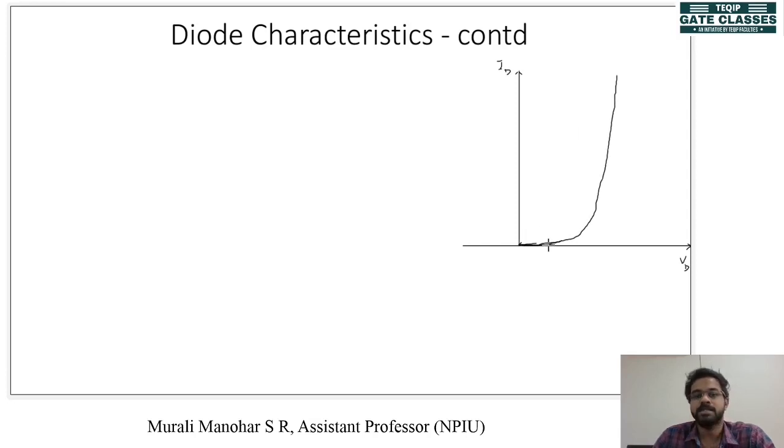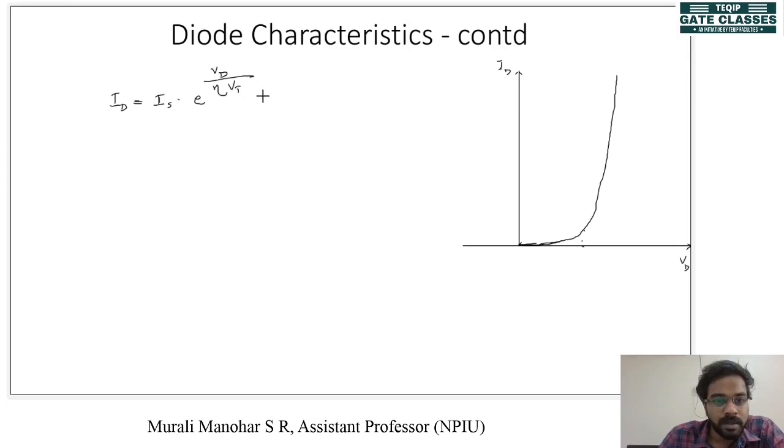So the diode characteristics looks like this, and this characteristics can be represented by a mathematical equation: the diode current ID is equal to some saturation current Is into e to the power Vd divided by eta Vt, minus 1. This equation represents the characteristics of a diode.